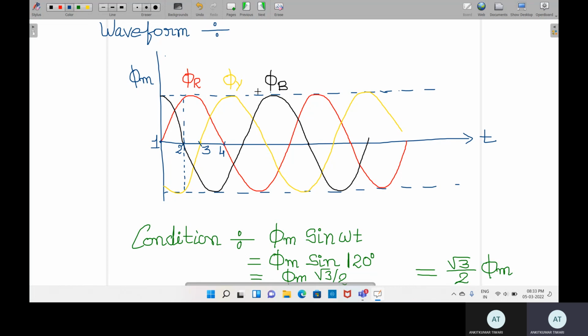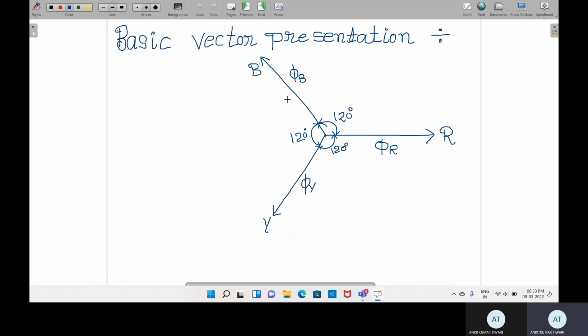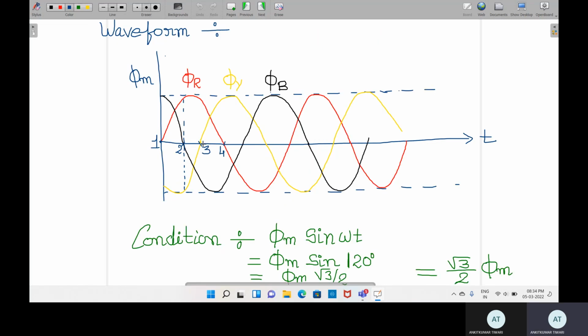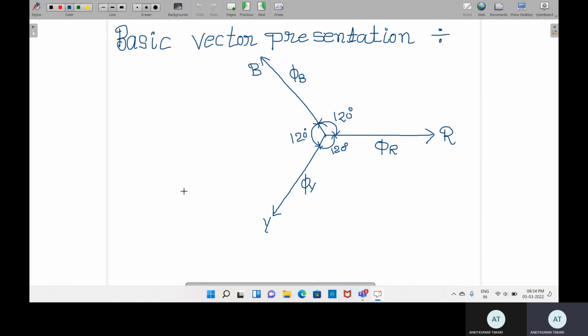We will not draw phi b because it is 0, so that vector is 0. We will draw only phi r, which is positive, as it is. Phi y is negative, so it will be drawn in the opposite direction, which means upward.